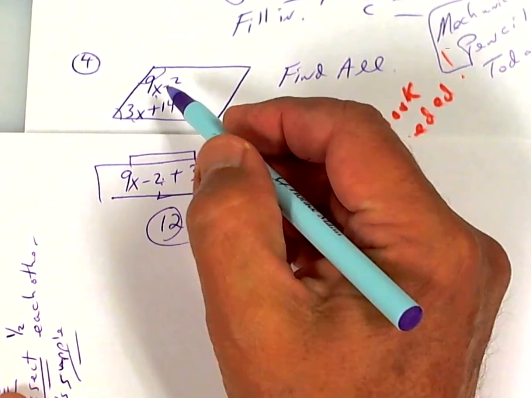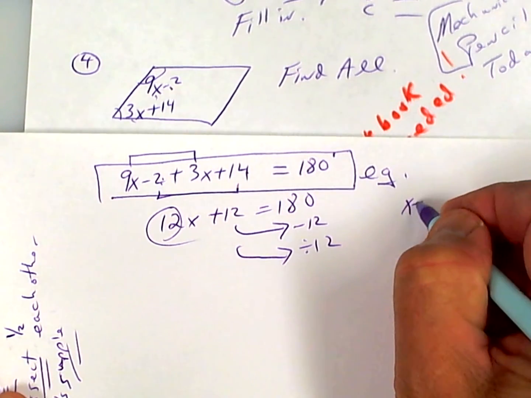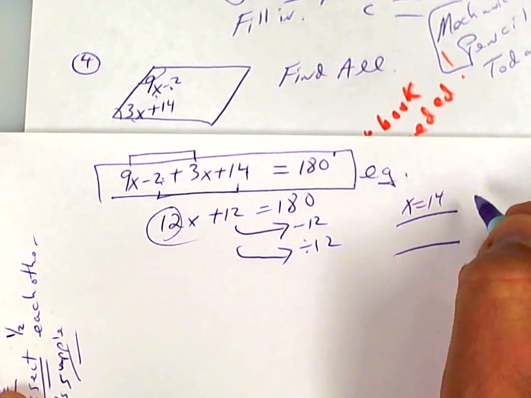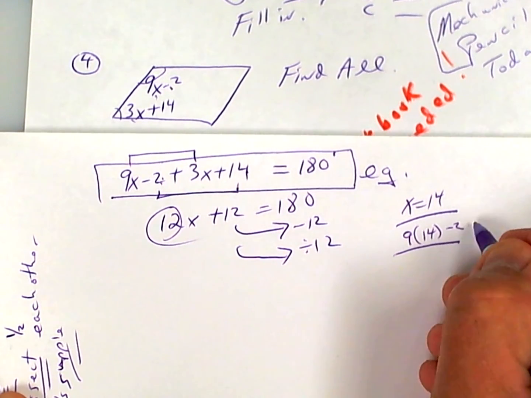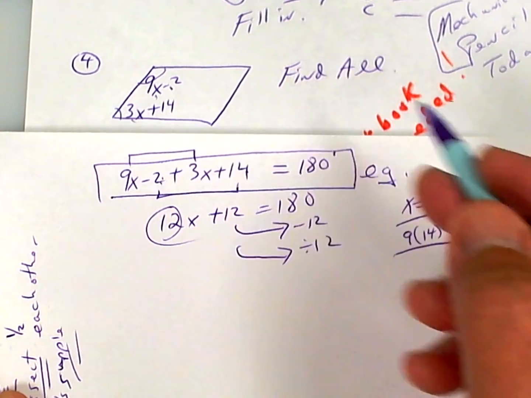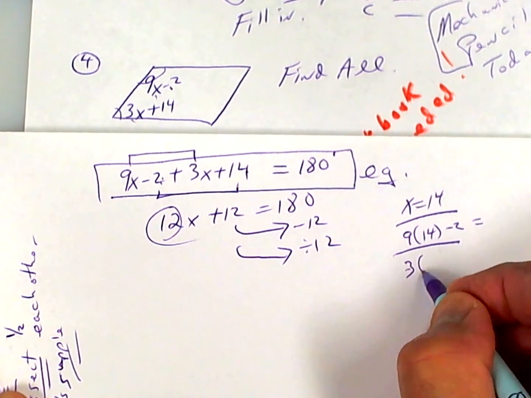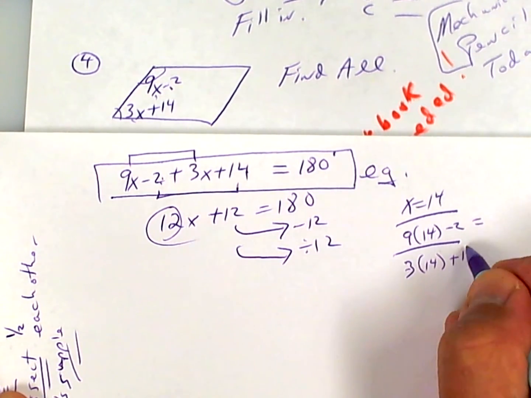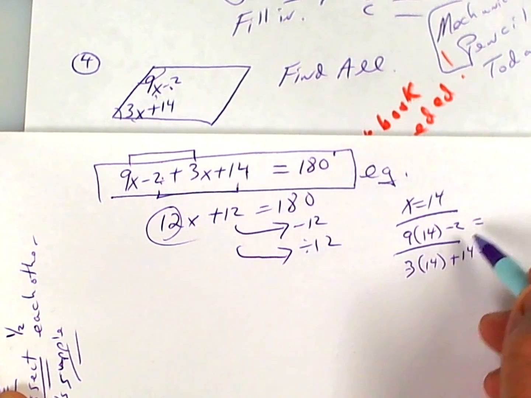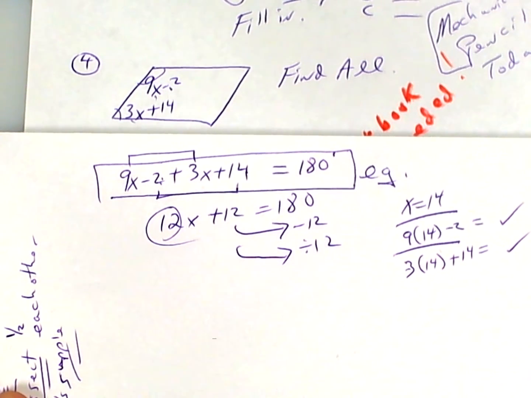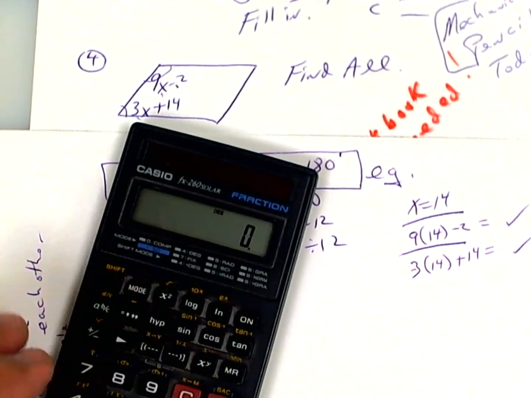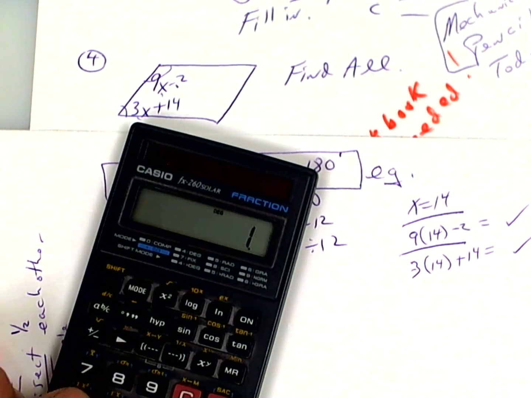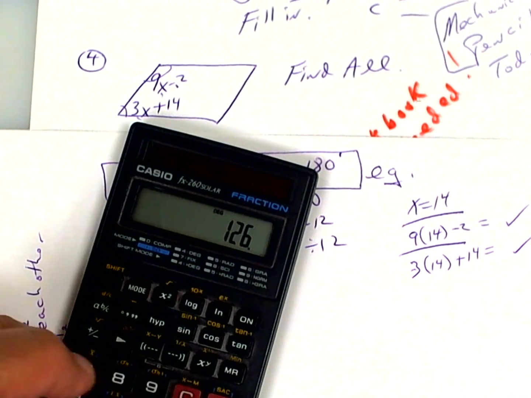So to get this upper angle, you're going to say x equals 14 is one answer. This great big one is 9 times 14 minus 2, whatever that is. And this bottom one is going to be 3 times 14 plus 14. Then you're going to use your calculator and figure those two out. Let me do it. 9 times 14, press equals, and then minus 2.